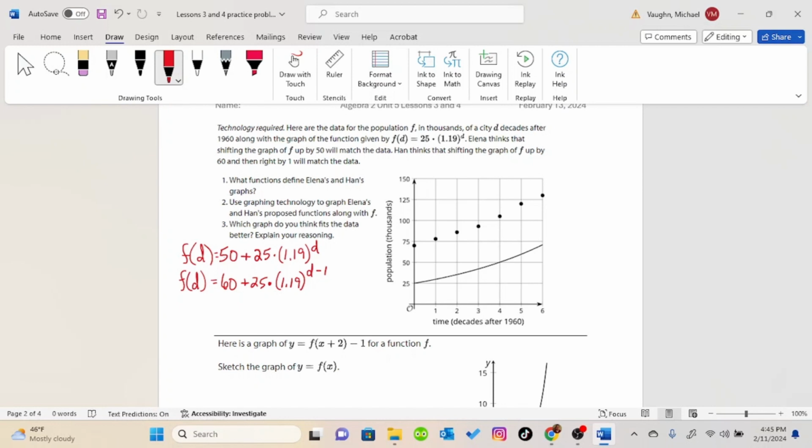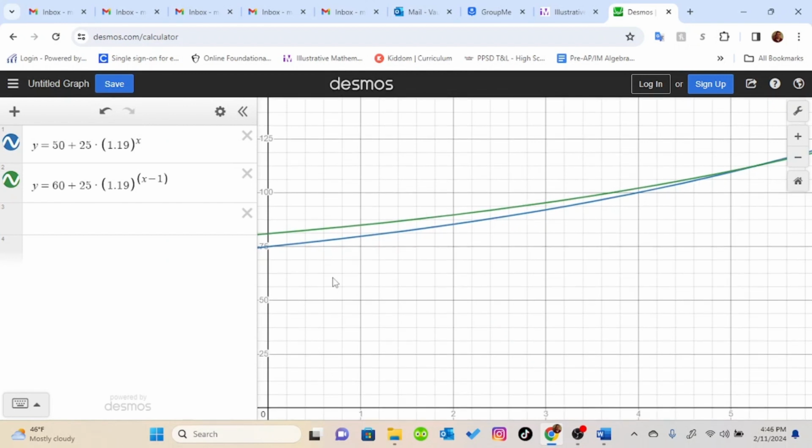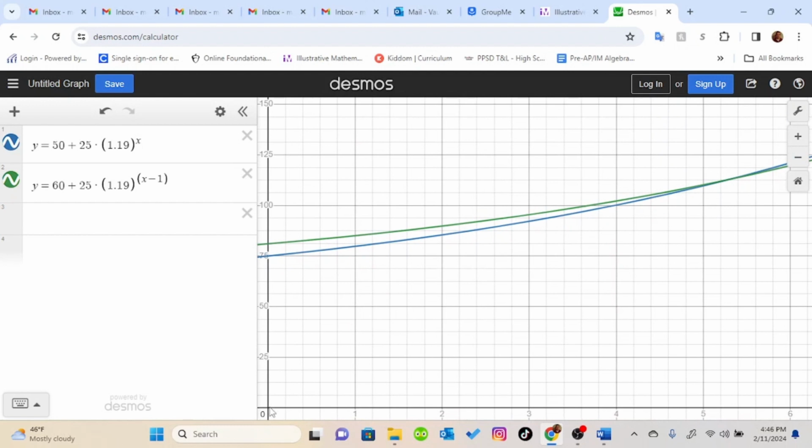And now they want us to use graphing technology to graph Elena's and Han's proposed functions along with f. So on this graph, I have already narrowed the window down to the measurements that we have on the graph on the worksheet. You can see that we go from 0 to 150 on the y-axis, counted out by 25s.